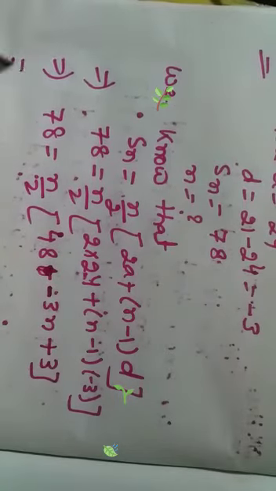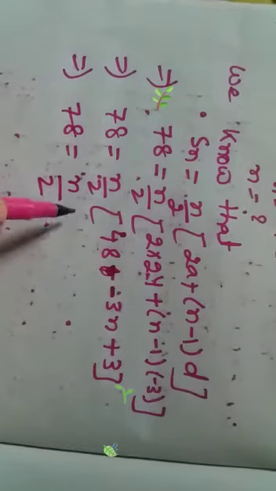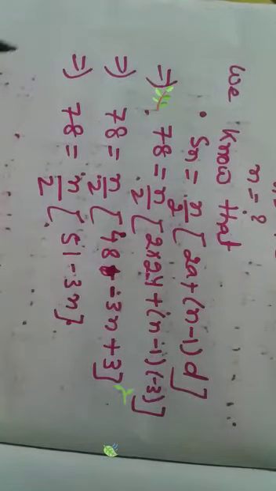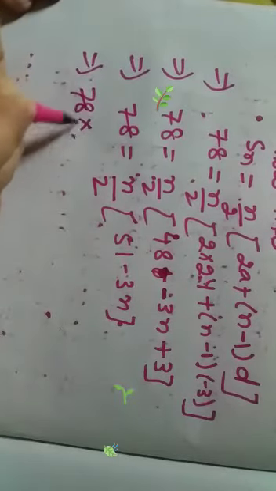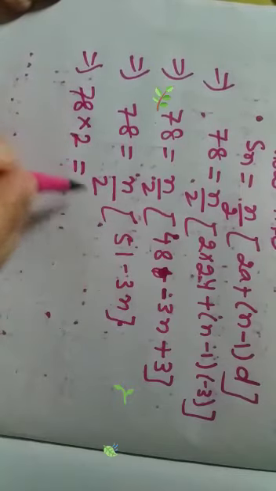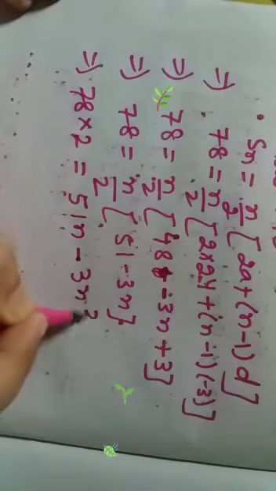So 78 is equals to n by 2 into 48 plus 3, that is 51, minus 3n. Now 78 into 2 is equals to 51n minus 3n square.